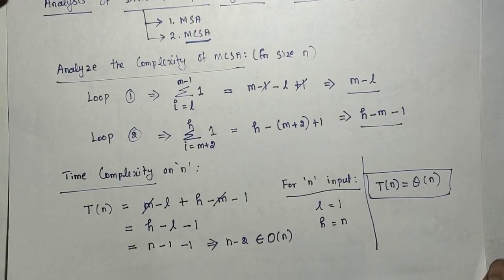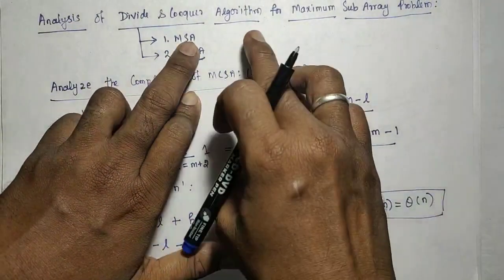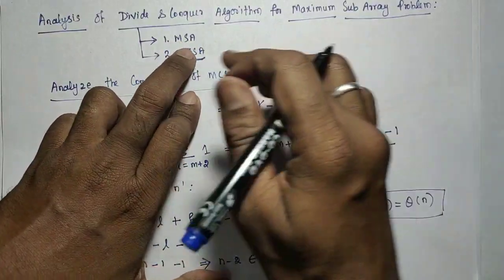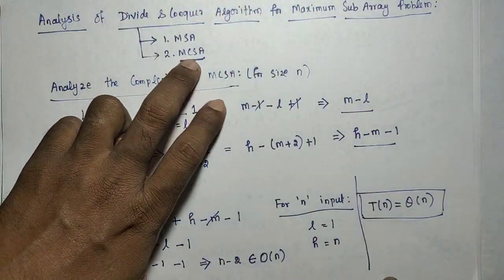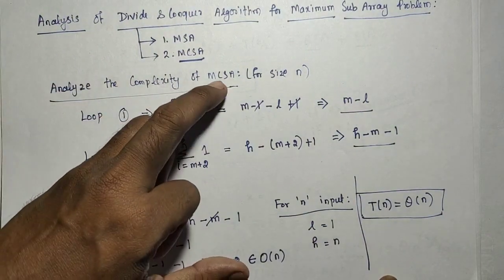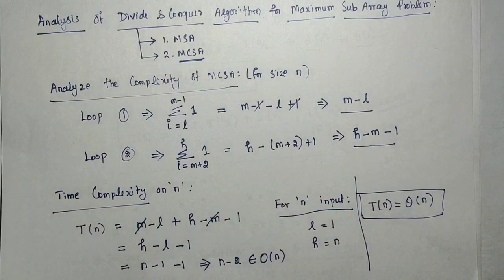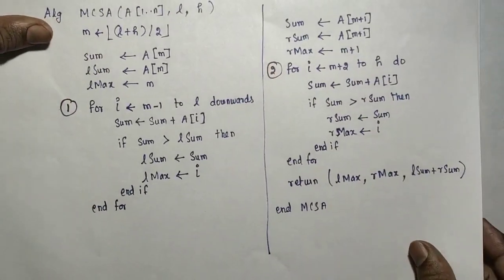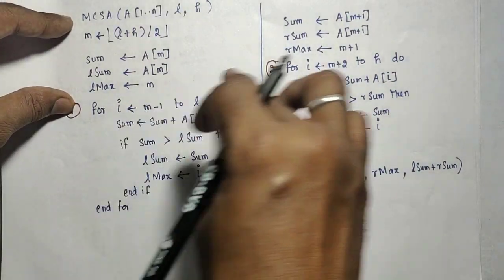Just to recall, we started analyzing the complexity of the divide and conquer algorithm for the maximum subarray problem. It contains two functions, MSA and MCSA. I need to find the complexity of MCSA first for size n. The MCSA algorithm mainly contains two loops, for loop 1 and for loop 2.